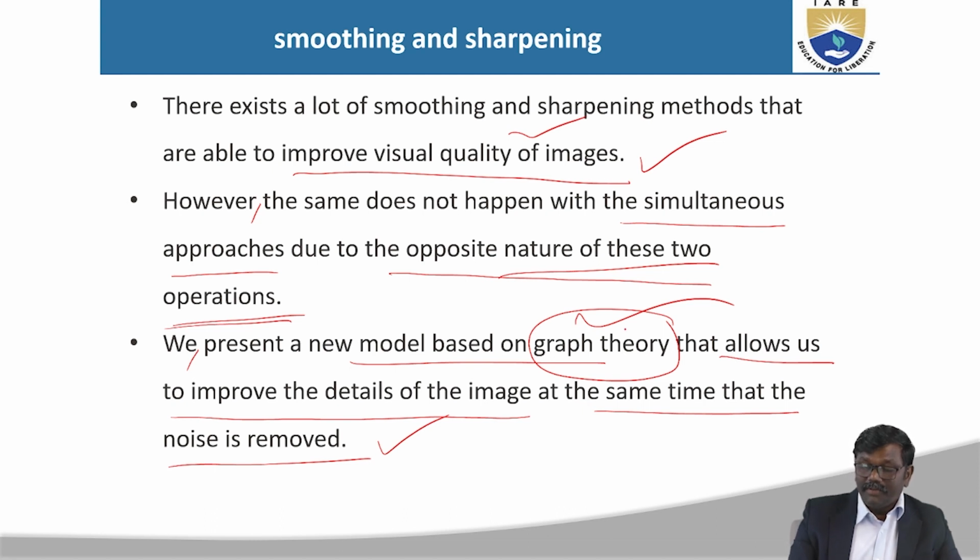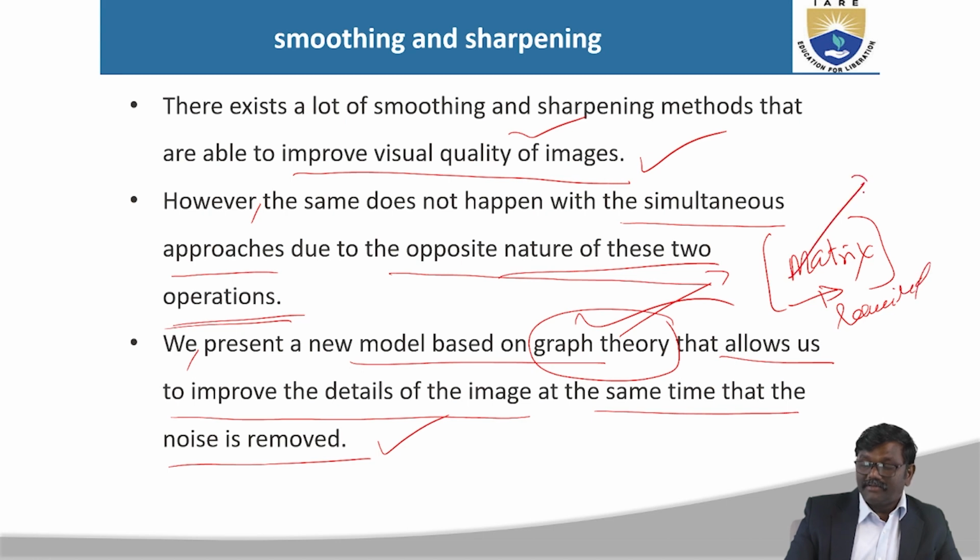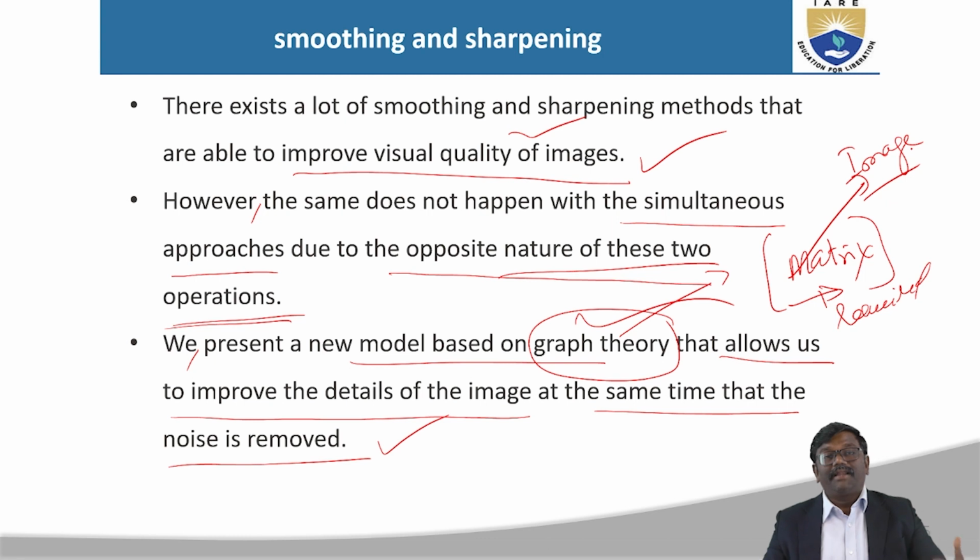Because images are considered as matrices. Matrix is nothing but image. How can we say an image is a matrix?